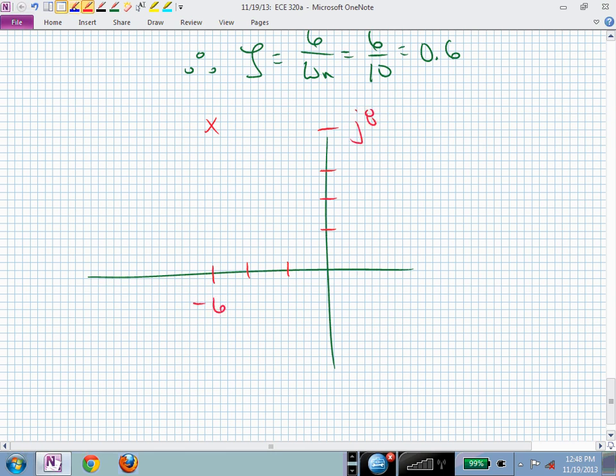for our pole. But now I'm saying that this particular distance is actually our natural frequency. And our zeta value, the damping ratio, is related to that angle.